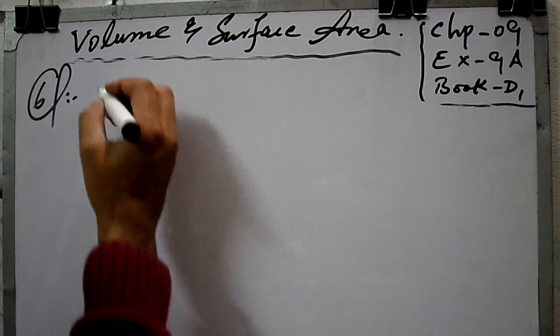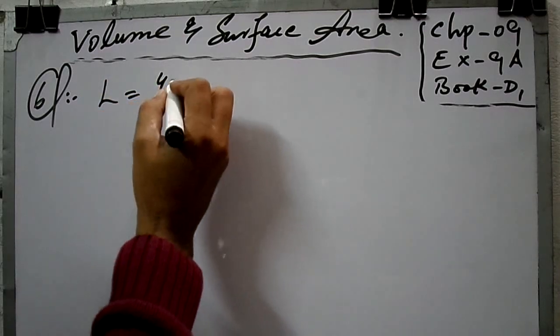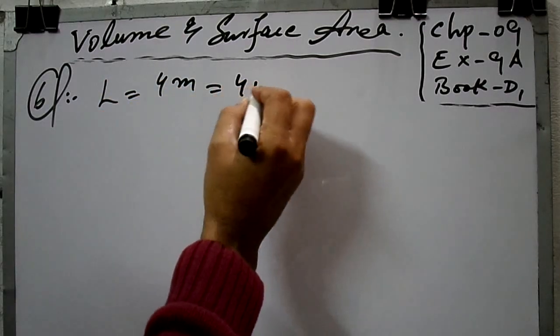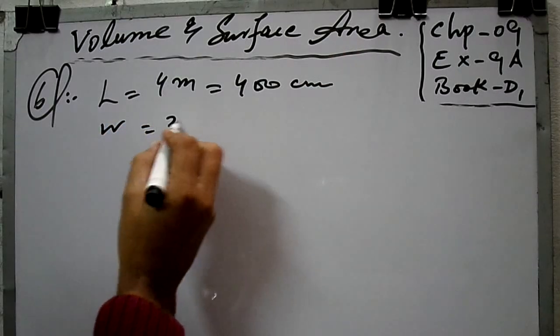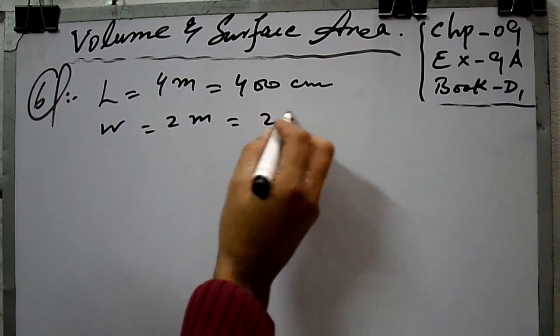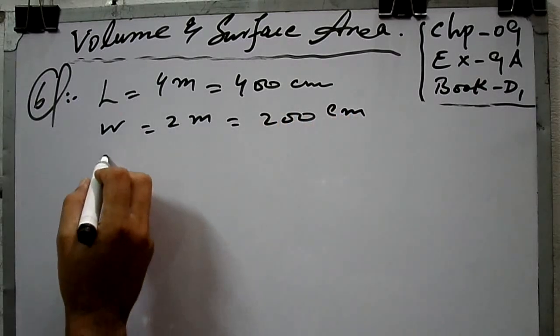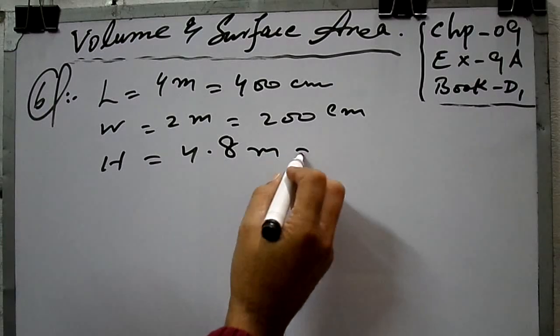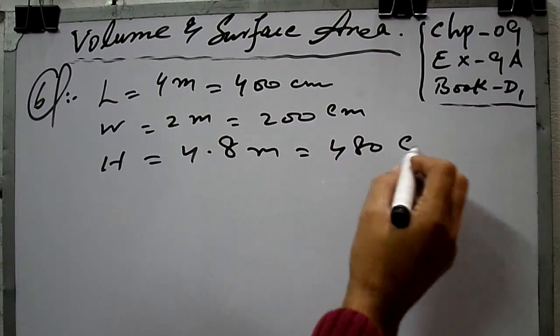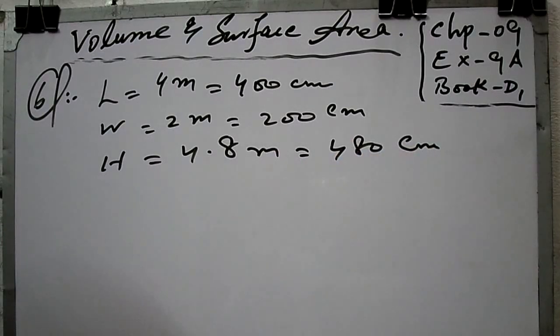Given data: 4 meter, that is 400 centimeters. The width is 2 meter, that is 200 centimeters. The height is 4.8 meter, that is equal to 480 centimeters.